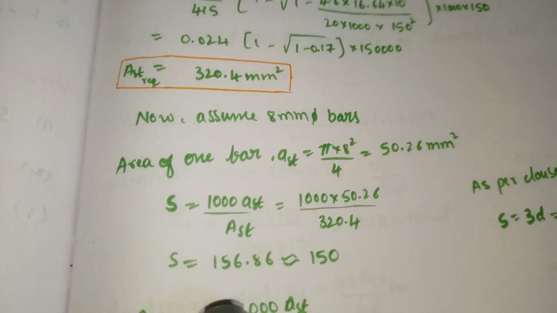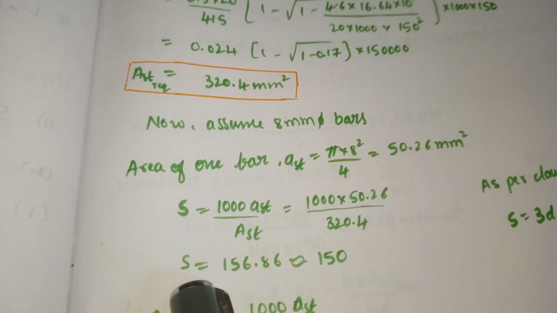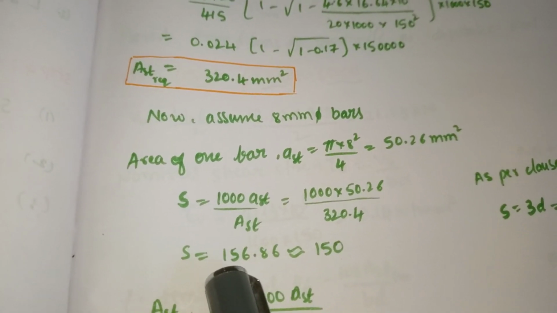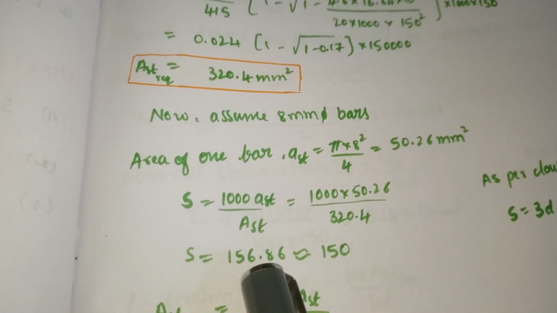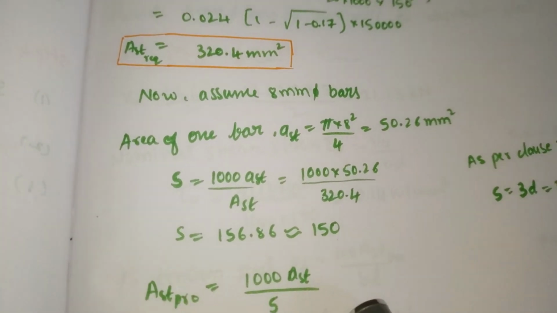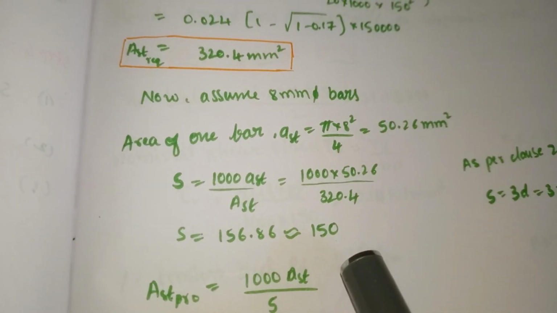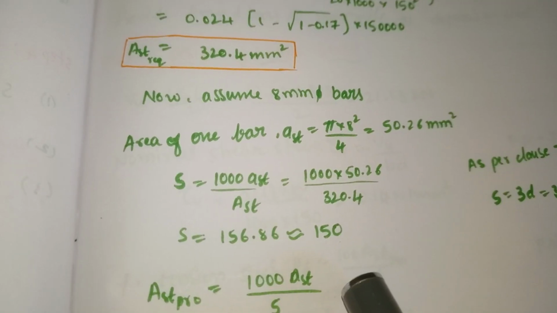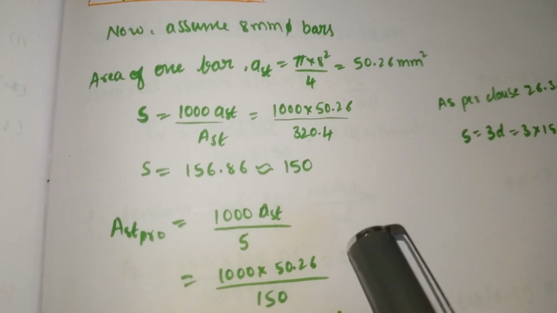After simplifying we will get our spacing value as 156.86. So I am making it into 150. I am reducing this value. Why I am reducing this value, I will tell.